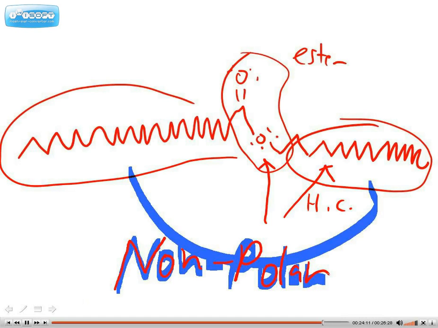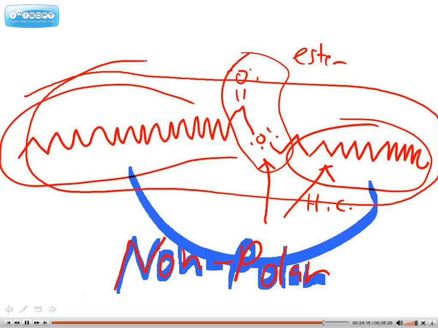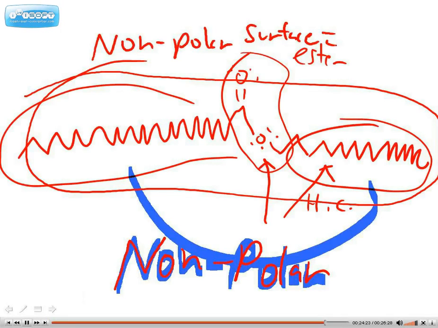The more nonpolar it is, then this will actually create a very nonpolar surface, and it makes it highly waterproof. So we tend to find these really long hydrocarbon tails on these esters on each side in waxes.